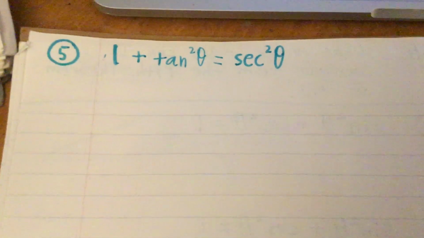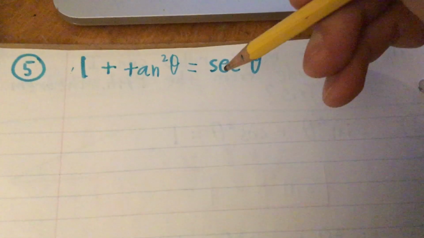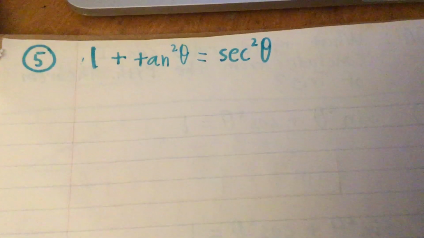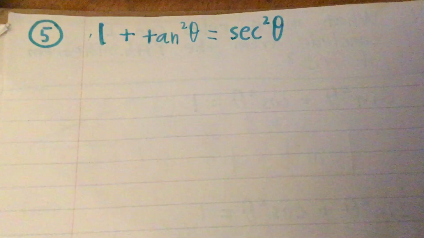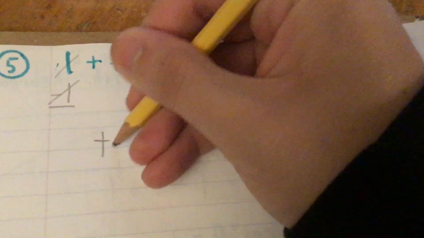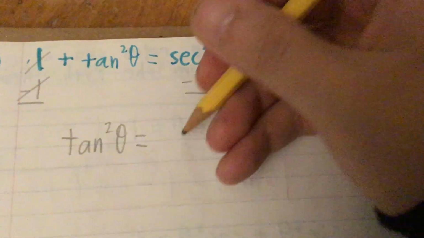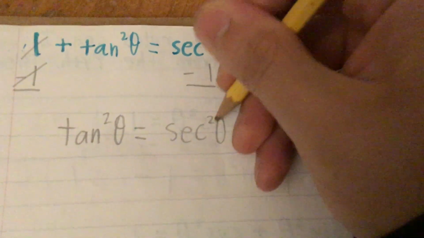Okay, well, if I know what secant squared is, is there a way of figuring out what tangent squared of theta is? Just get tangent squared of theta isolated. Yeah, I'm going to subtract 1 from both sides. So now I've got tangent squared of theta isolated is equal to secant squared of theta minus 1.